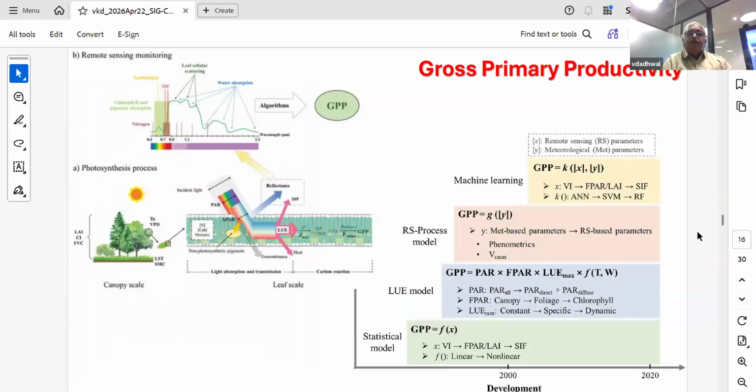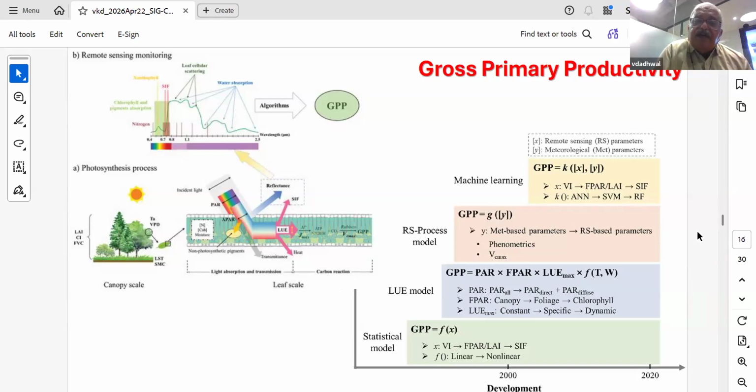Now, I explained to you the use of SIF. So generally, the first process of CO2 fixation is gross primary productivity.